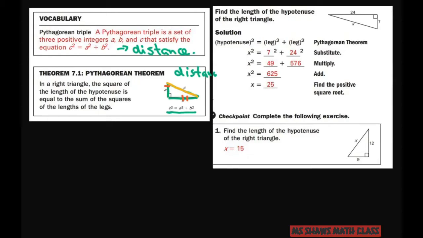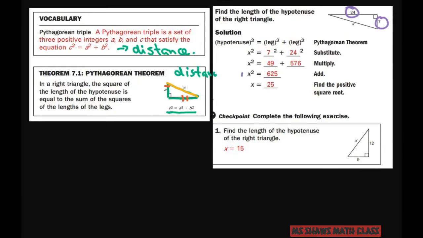So here's an example. The hypotenuse, which is your c squared, equals your leg squared plus your leg squared. So here are your two legs, and you square them, and you take the positive square root.